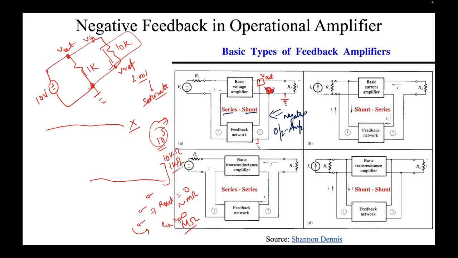Similarly, look at this example. Here it is V out. Assume this to be the reference. Reference is being fed to reference and signal is being fed to signal without any resistors, so this is again in parallel. Again this is shunt, because there is no change in values.